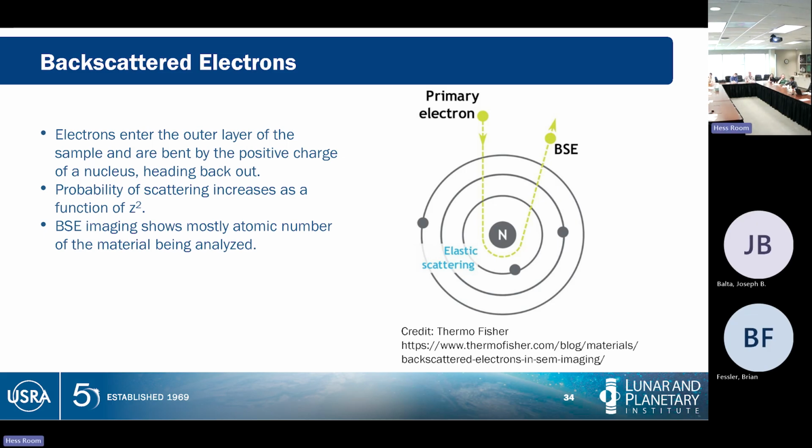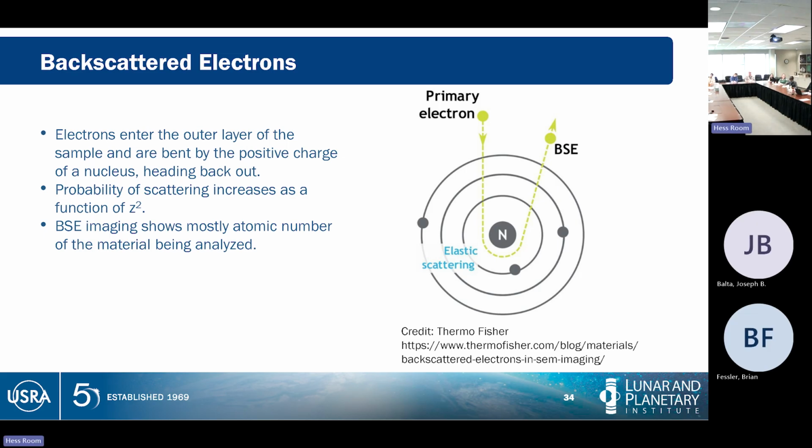This happens due to the charge on a nucleus, and thus the response is proportional to the charge on the nucleus squared. So backscattered electron signals are going to respond to the average atomic number of the material under electron bombardment.